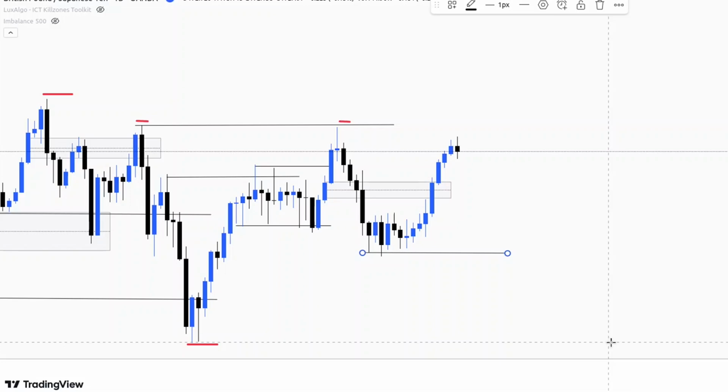If you are able to pinpoint those areas where enough liquidity is residing, then that is where price is likely to go next. That is why understanding the concept of market maker model will help you spot those areas. So let's see what happens if price comes and takes all this liquidity.